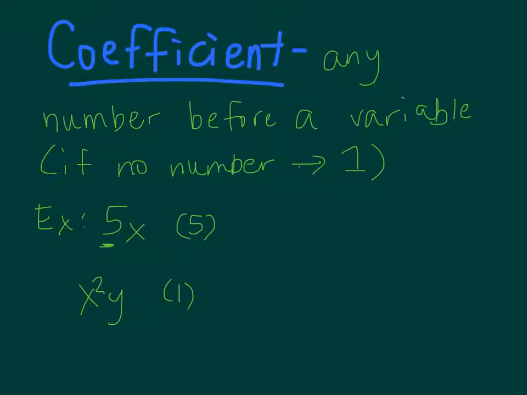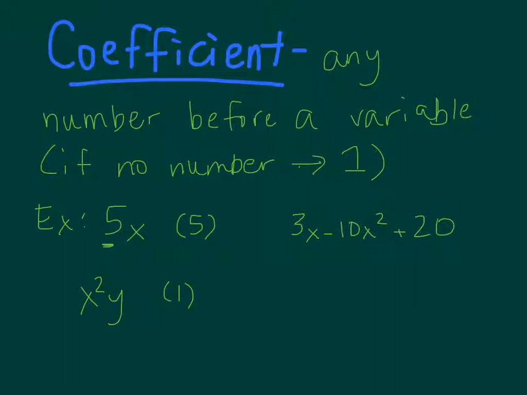Now an example in an expression would be if I have 3x minus 10x squared plus 20. Right? I look at my different terms. I have 3 terms here. I have a term of 3x. I have a second term of negative 10x squared, and I have a third term of 20.